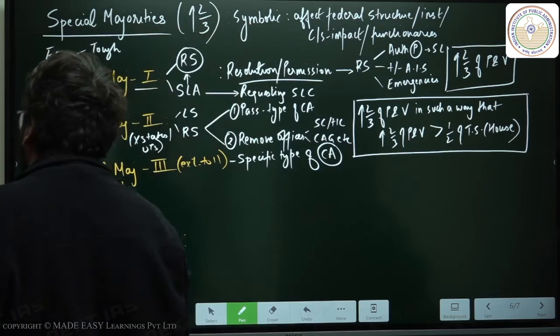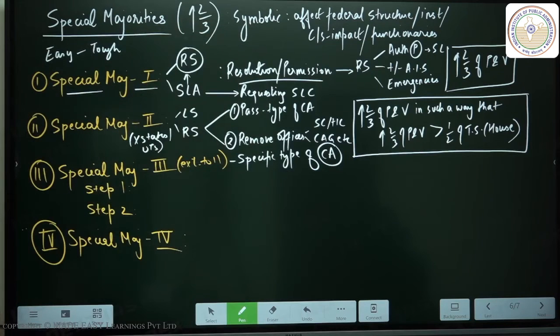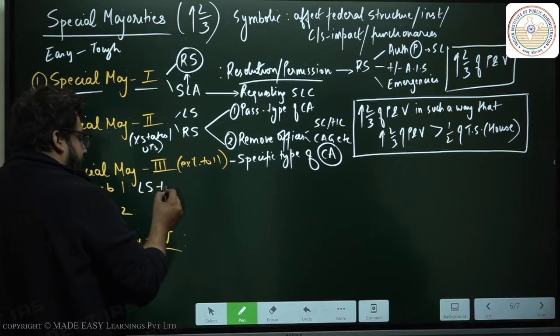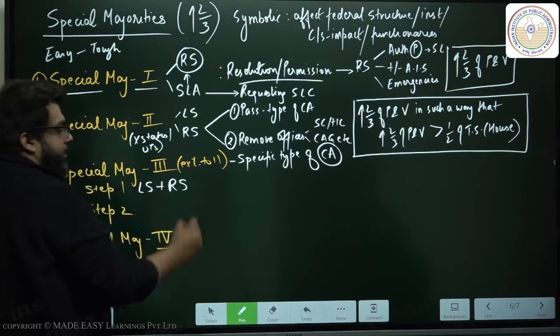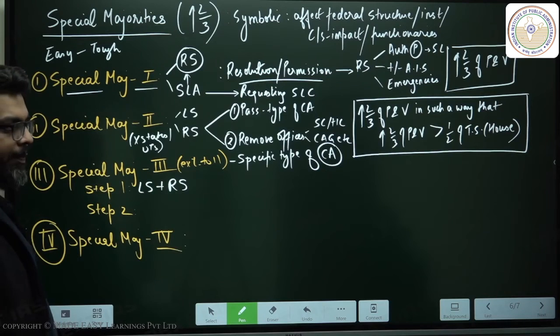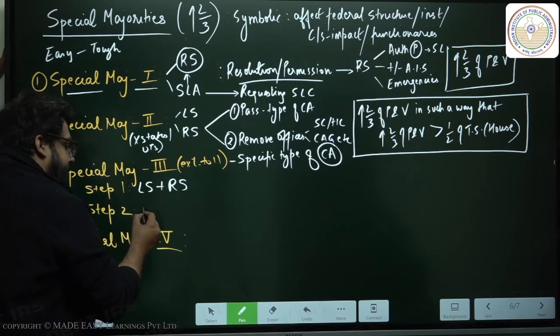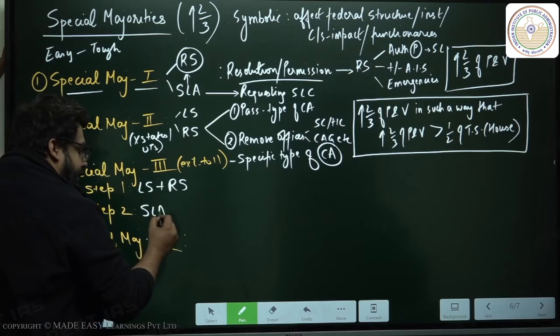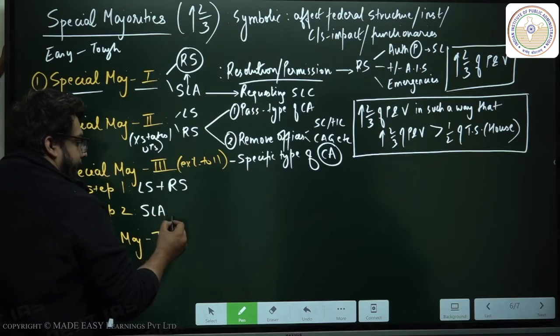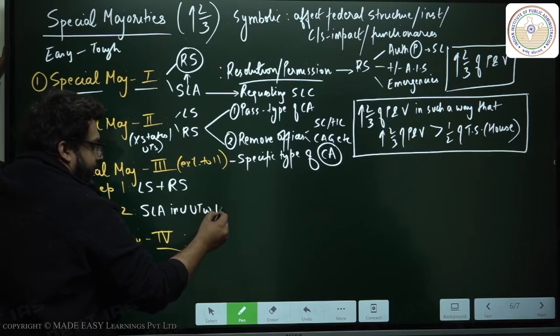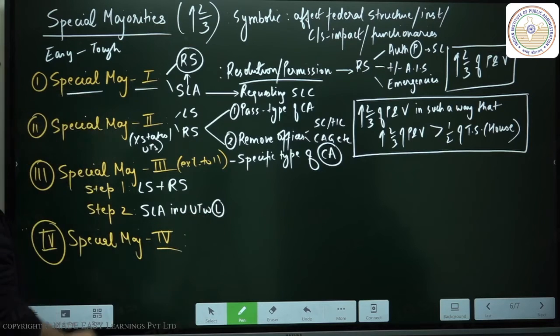So let's understand what this is. Step 1, only and only in the Lok Sabha and Rajya Sabha. And step 2, across all state legislative assemblies, including union territories with legislatures.